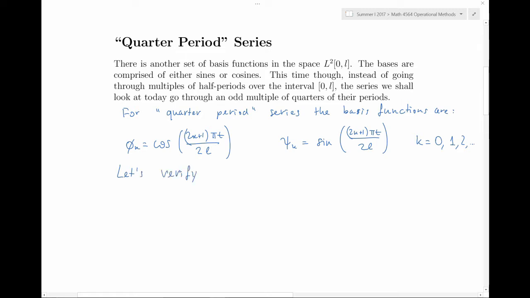So let's verify that we have two orthogonal bases. I have to check the inner product of every phi k with every phi j. And I will have to check the inner product of every psi k with every psi j.